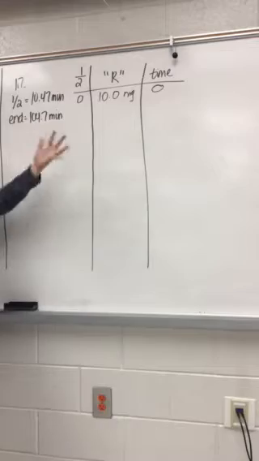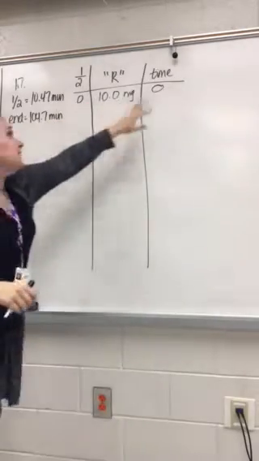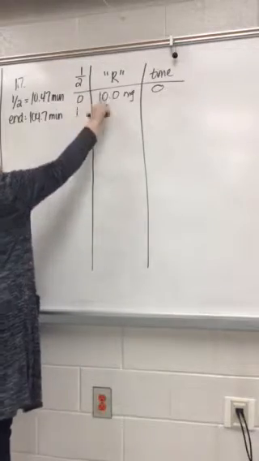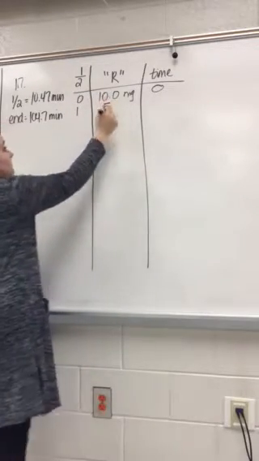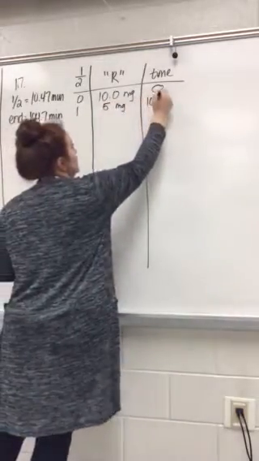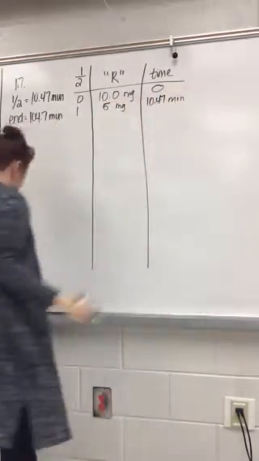So I'm not going to really explain it. I'm just going to start doing it and stacking on the numbers, okay? So we have 10 divided by 2 is 5 milligrams left over. And the time that passes is 10.47 minutes, okay?